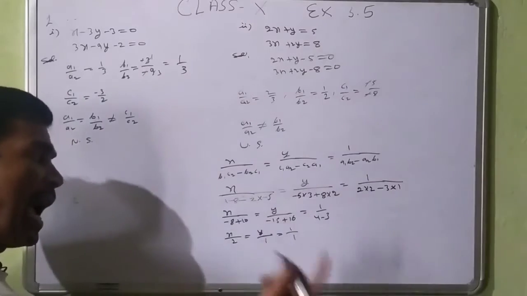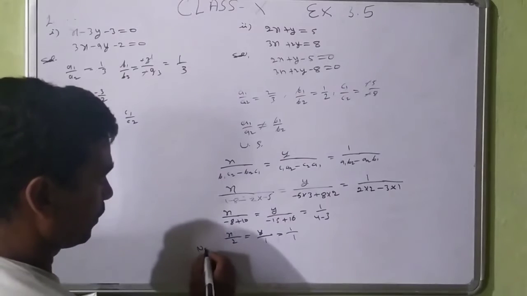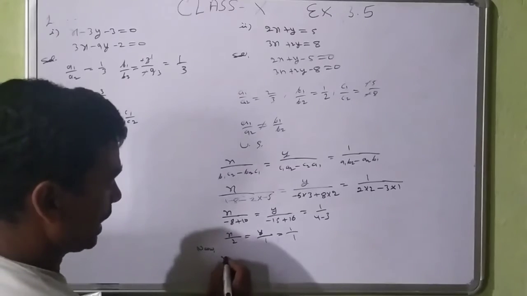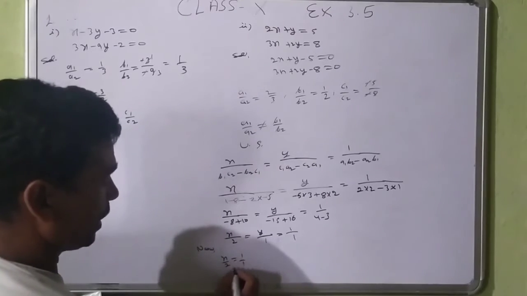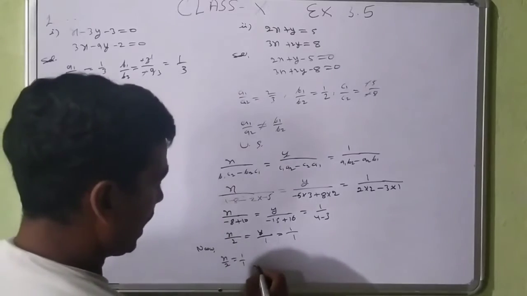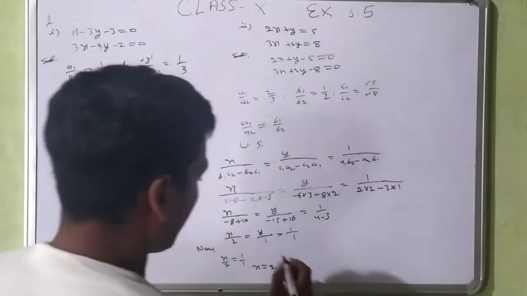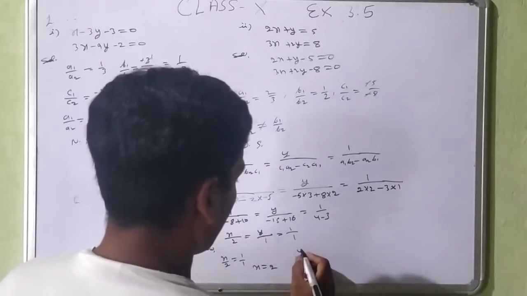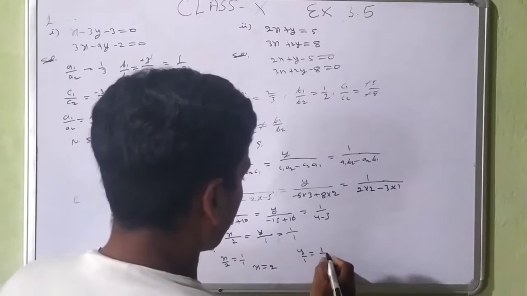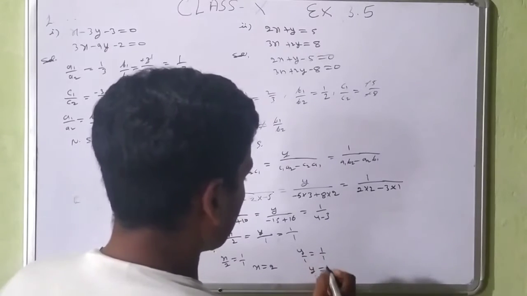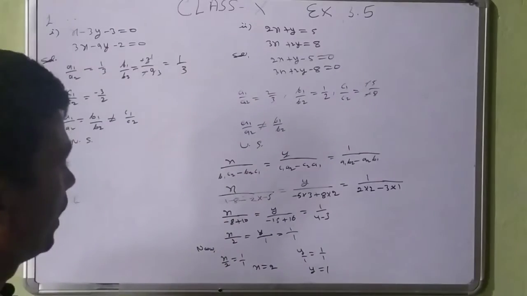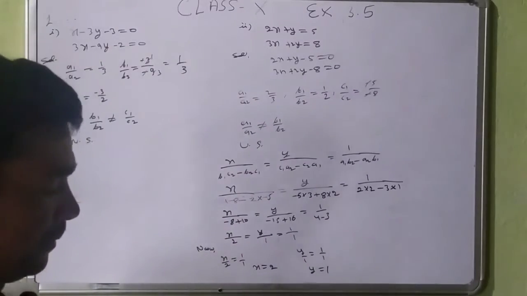Now for x, x upon 2 is equal to 1 upon 1. By cross multiplying, x is equal to 2. For y, y upon 1 is equal to 1 upon 1, so y is equal to 1. That will be the answer, right?